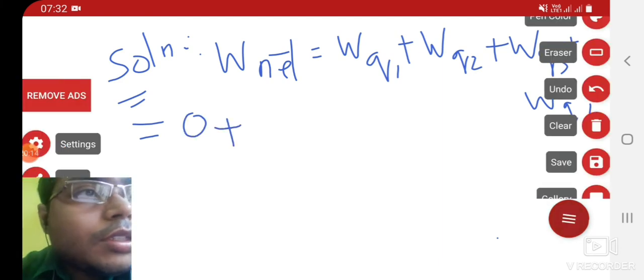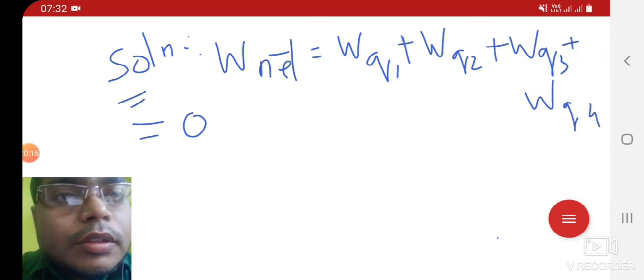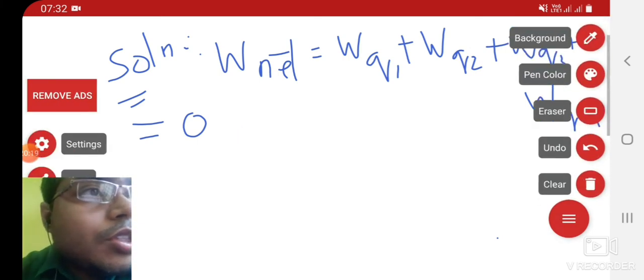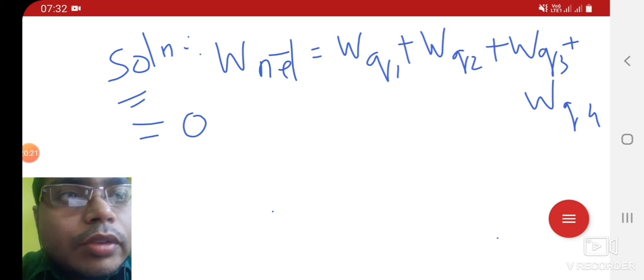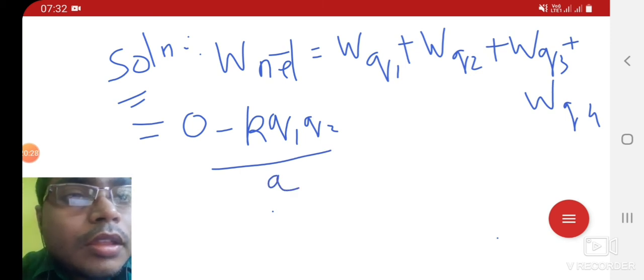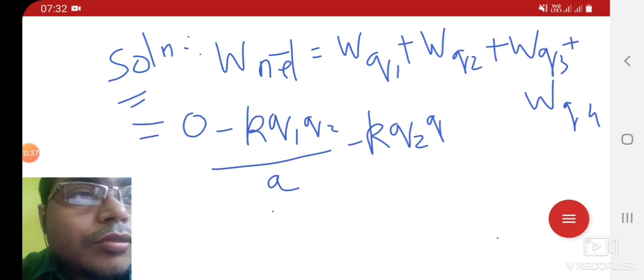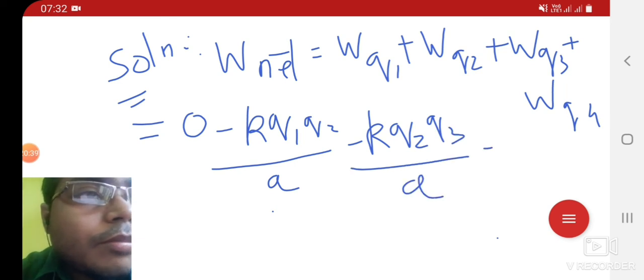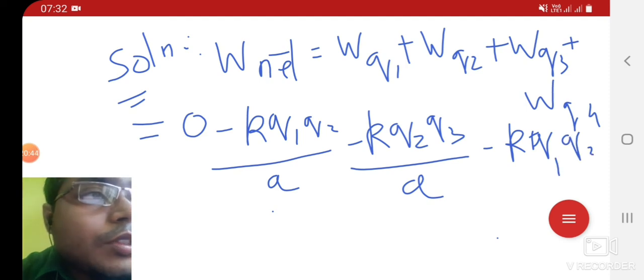Now when we brought the charge Q at the point 2, right, then there was already one charge, that means the work done will be minus K Q1 Q2 by A. Now when we bring the charge at the point 3, then there were two charges, 1 and 2, that means the work done will be K Q2 Q3 divided by A minus K Q1 Q3 divided by A times root 2.